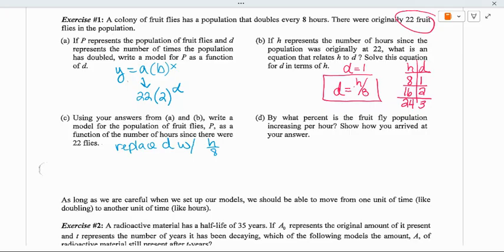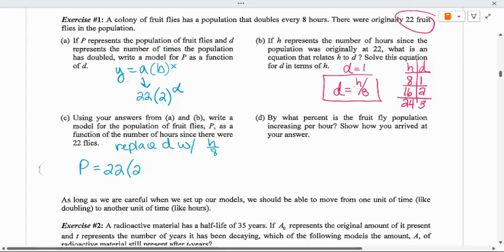We want to know how many flies there are in 5 hours, maybe in 12 hours. Our lives don't run in just an 8-hour increment, right? So our population has an initial value of 22. We know that it doubles, and our exponent is now H divided by 8.